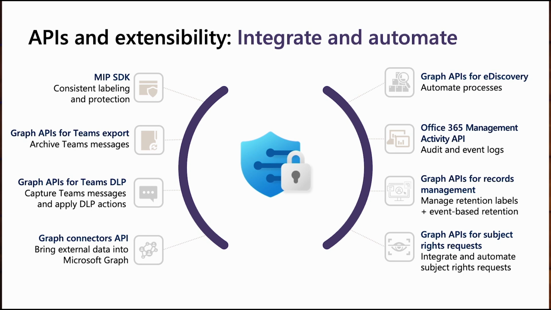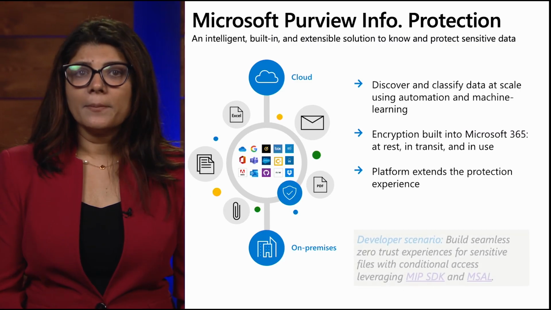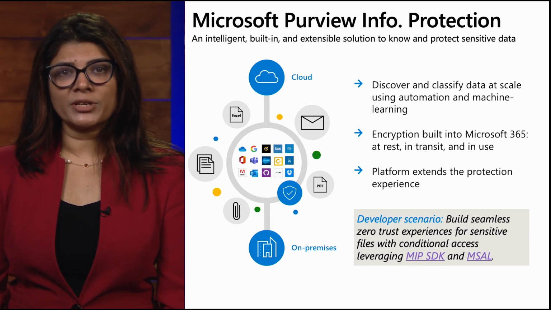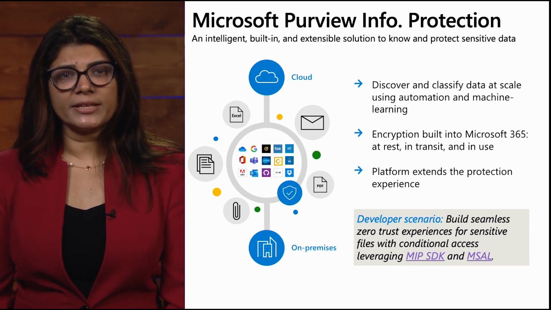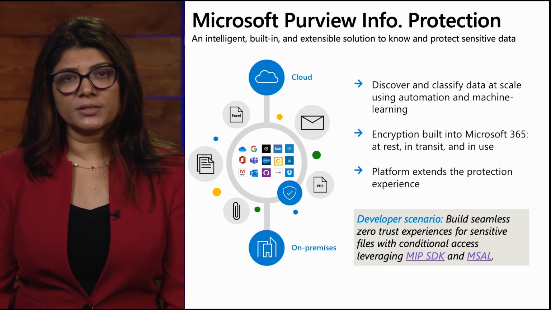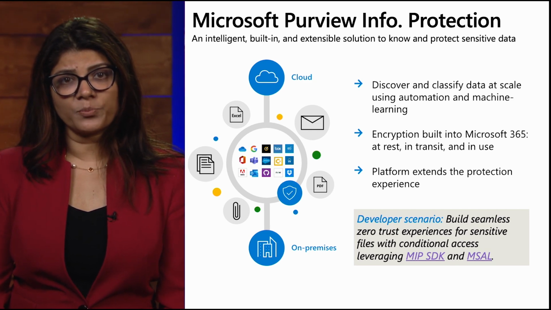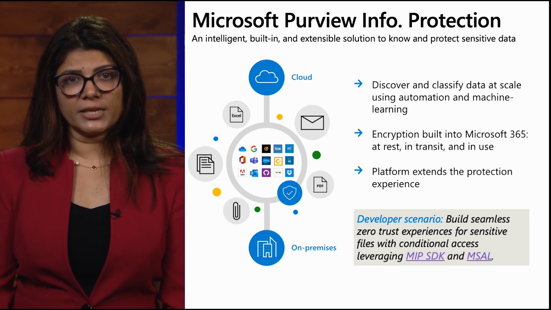Let's start with your first challenge: knowing and protecting sensitive data that resides across your hybrid and multi-cloud environment. Microsoft Purview information protection includes comprehensive data classification methods to help you locate sensitive, personal, or high-value data.